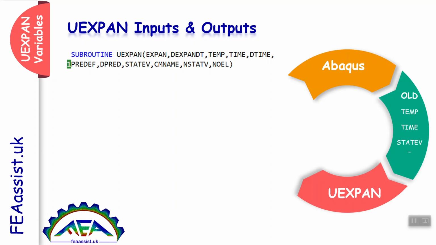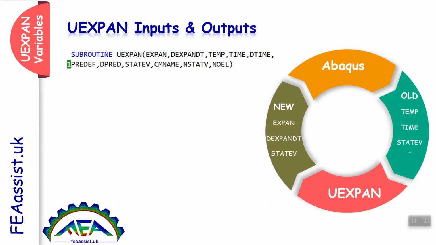We need to use these variables in the UEXPAN subroutine and define the expansion coefficient and the derivative of the expansion coefficient with respect to temperature and state variables, and return these variables to Abaqus. Again, Abaqus uses these variables to recompute temperature, time, and state variables.